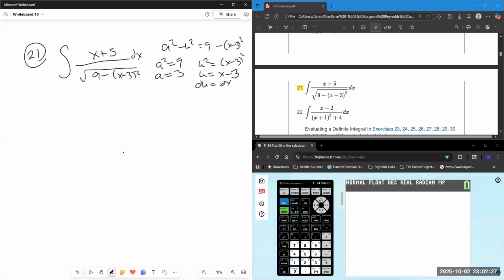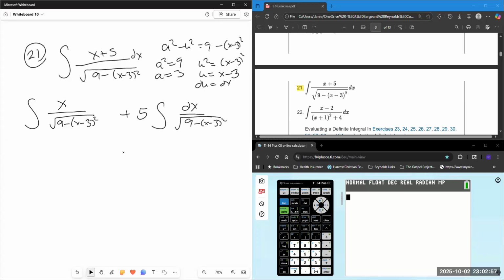So let's split this into two pieces. X over root 9 minus x minus 3 squared plus 5 integral dx over root 9 minus x minus 3 quantity squared. So this is my new piece that is the arc sine rule here.